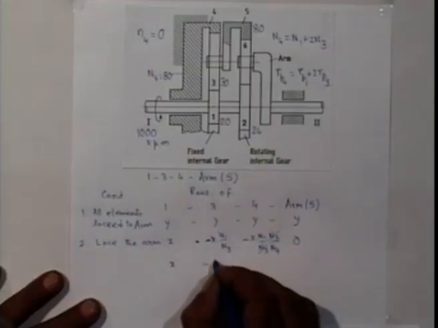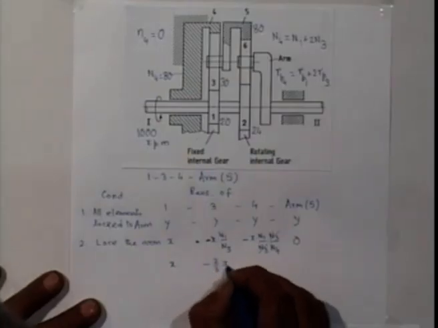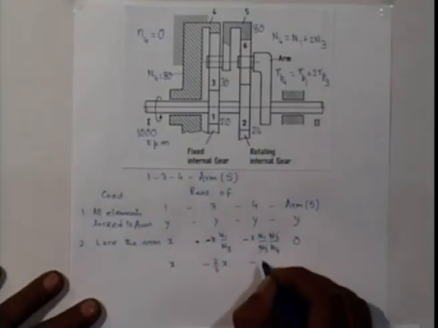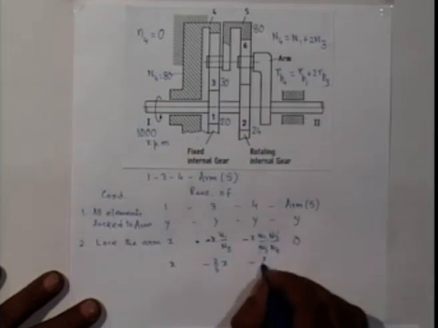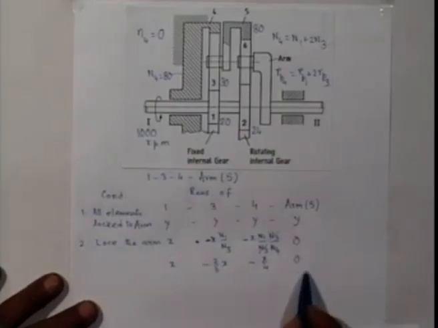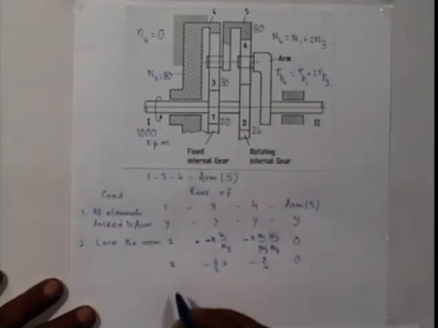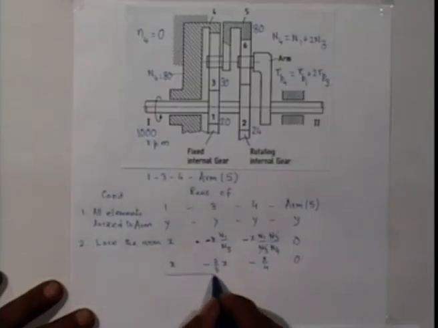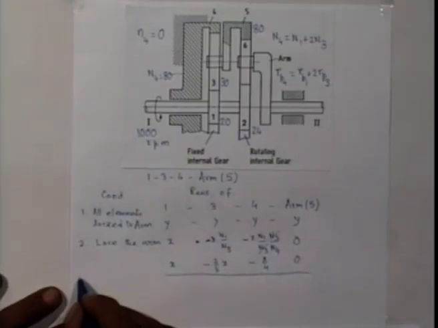so it is 2 by 3 x, minus x into 20 by 80 is x by 4 and this is 0. This line I am just repeating. Now let me talk of the resultant motion.